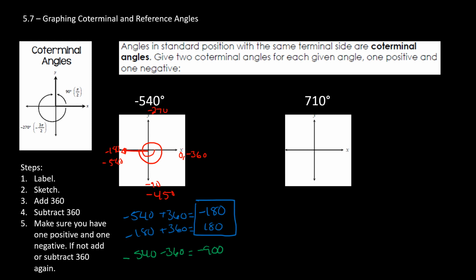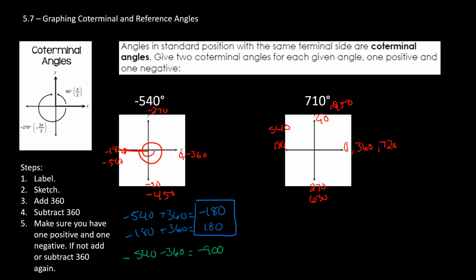Okay, let's do one more together. That's 710. We're going to label 0, 90, 180, 270, 360. Got to keep going: 450, 540, 630, and then 720.